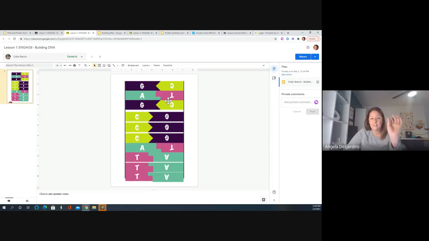That is a constant, something set in stone. A molecules will always be paired with T molecules. G molecules, G building blocks, will always be paired with C building blocks. Always, always, always. We call that our base pairing rules.